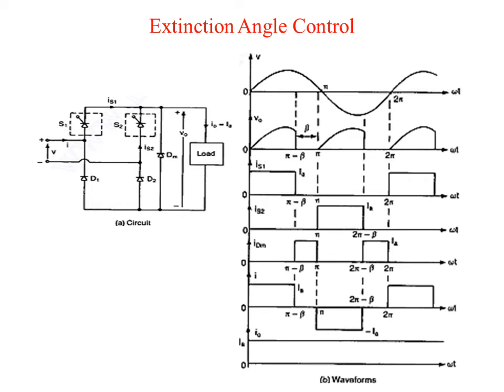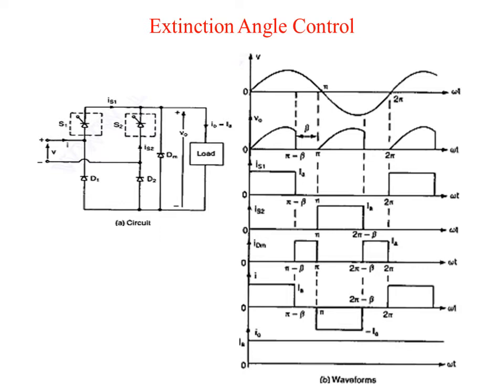Figure A shows a single phase semiconverter where thyristors T1 and T2 are replaced by switches S1 and S2. The switching action of S1 and S2 can be performed by gate turn-off thyristors, that is GTOs.